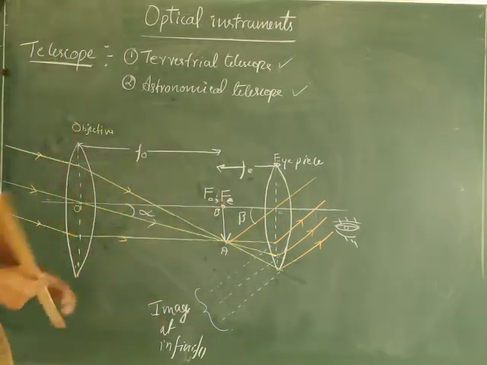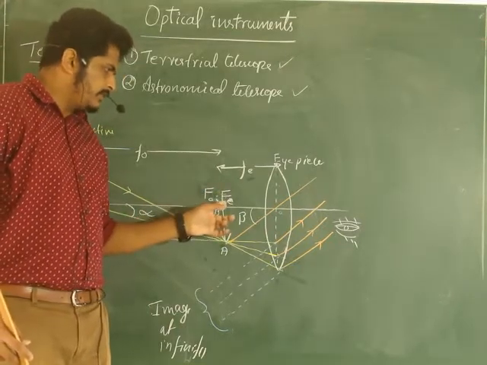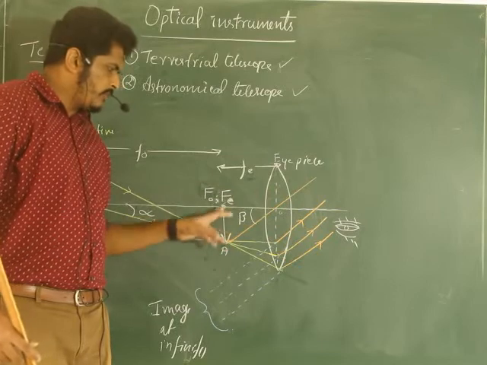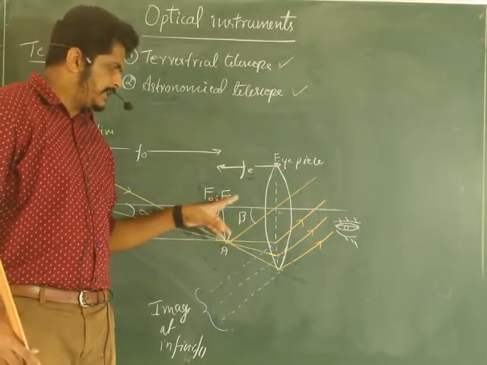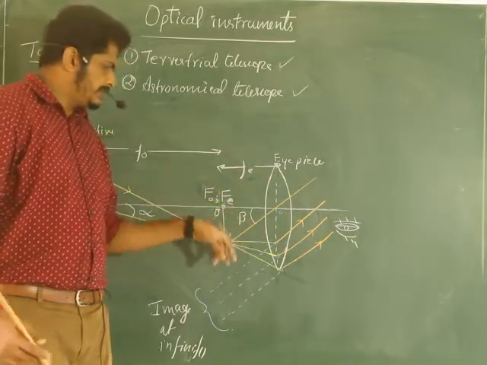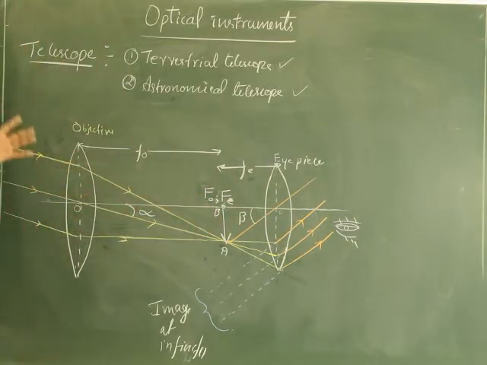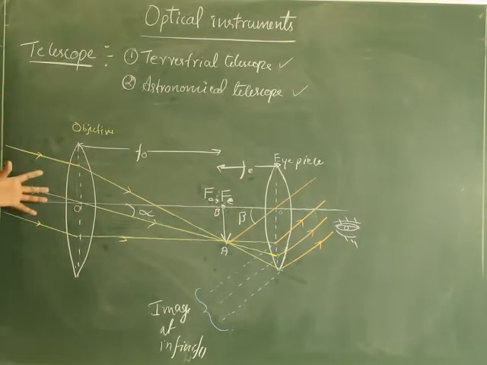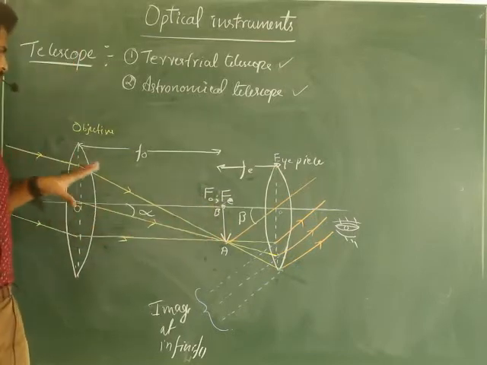So I think it is visible for you. Look here, FO, FE. So when the image forms here, what happens? The image should exactly fall on the principal focus of the eyepiece. Of course, because the parallel rays are coming from an infinite distance, we know when the image forms, it should be exactly on the principal focus of the objective lens.